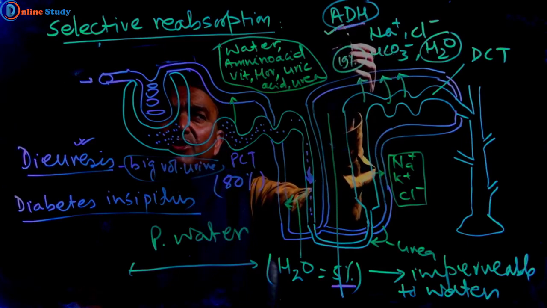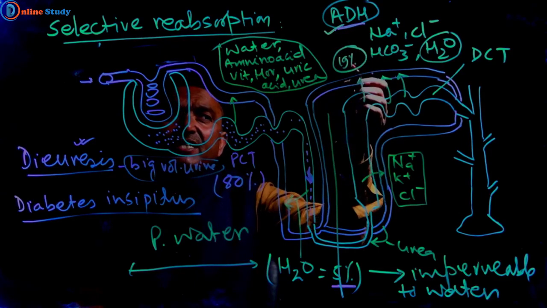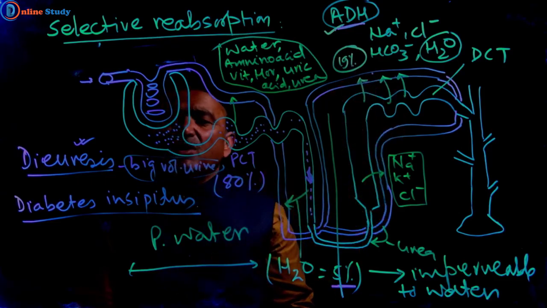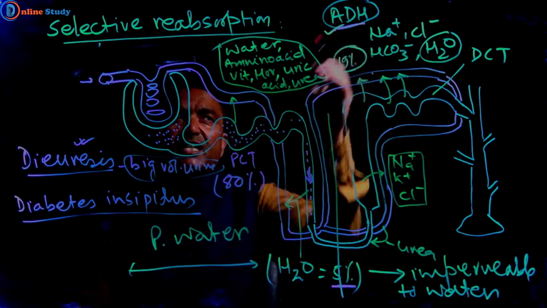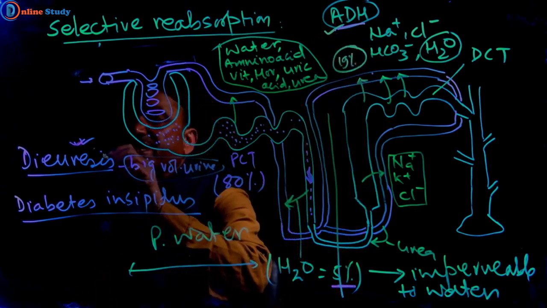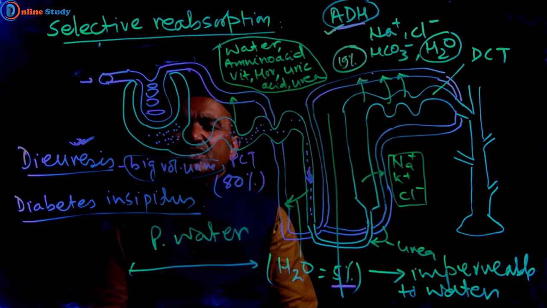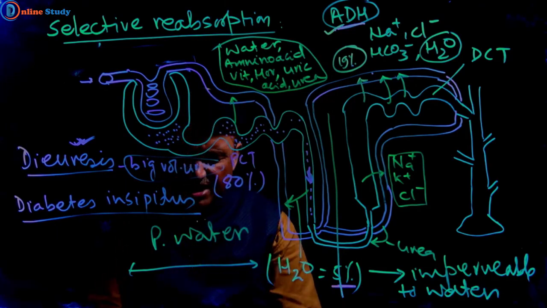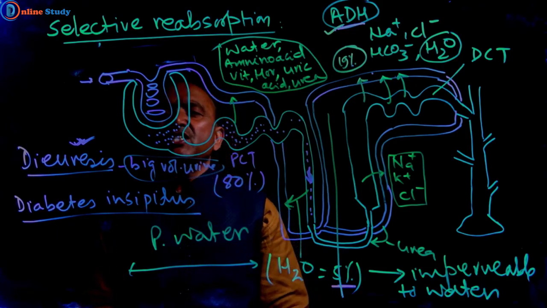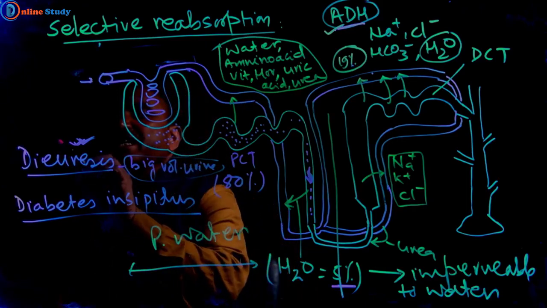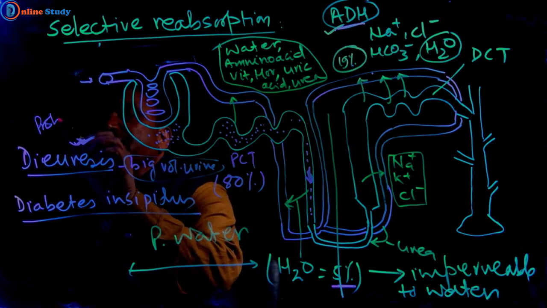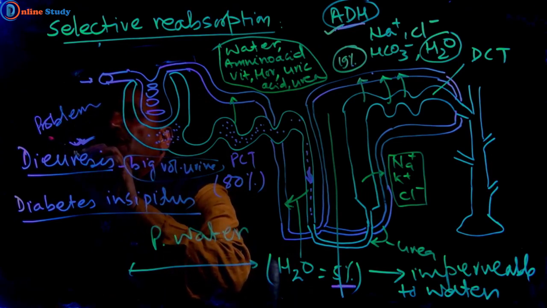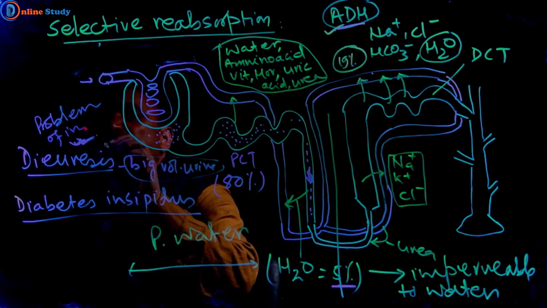If antidiuretic hormone is present, then water is reabsorbed and less urine is formed. If ADH is absent, then what condition will take place? That is known as diuresis. Diuresis means a big volume of urine is formed, the problem of increased urination.